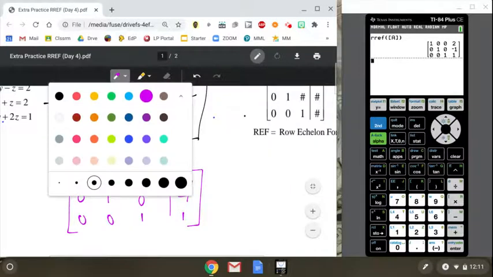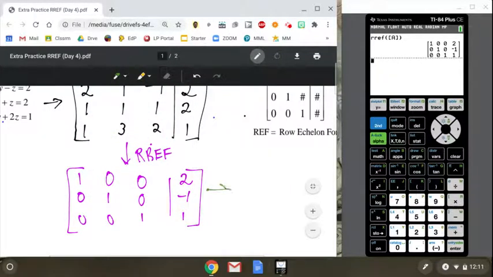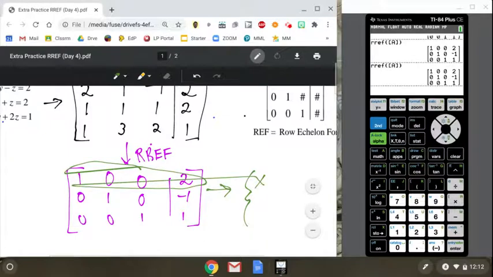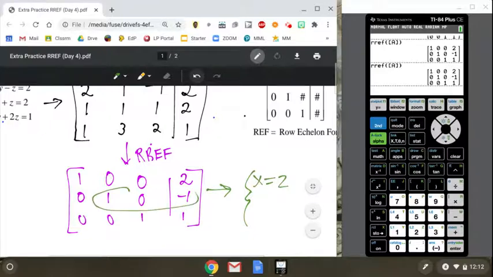Let's go ahead and put this back into XYZ form here. So we have x equals 2. 1y is equal to negative 1. And then z is equal to 1.